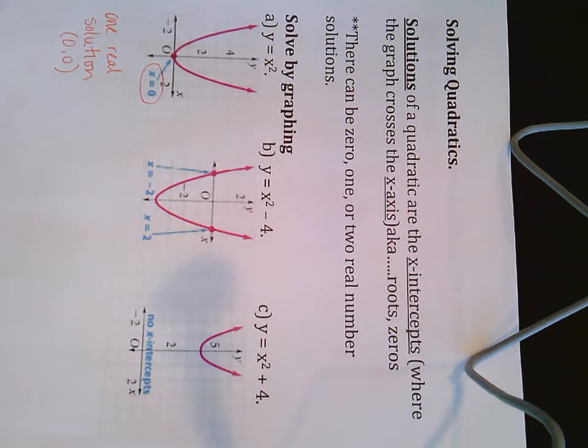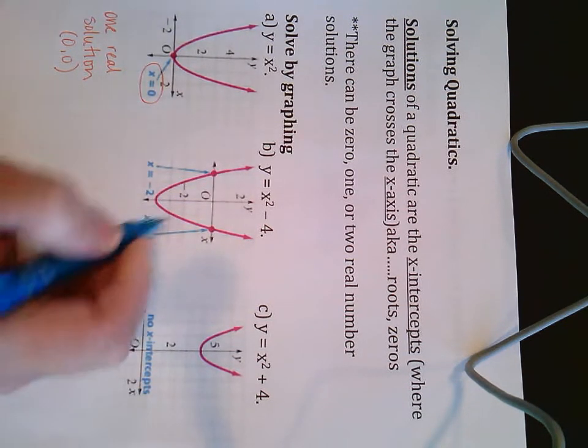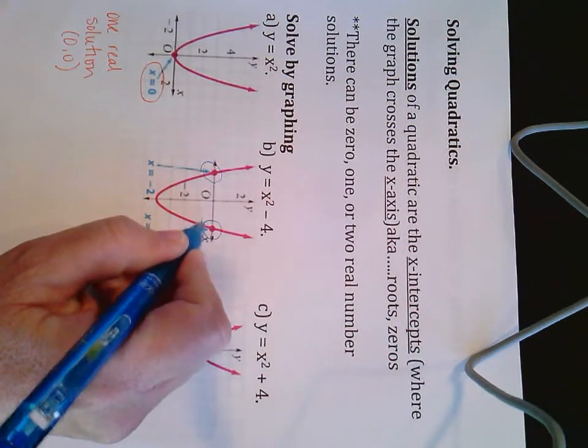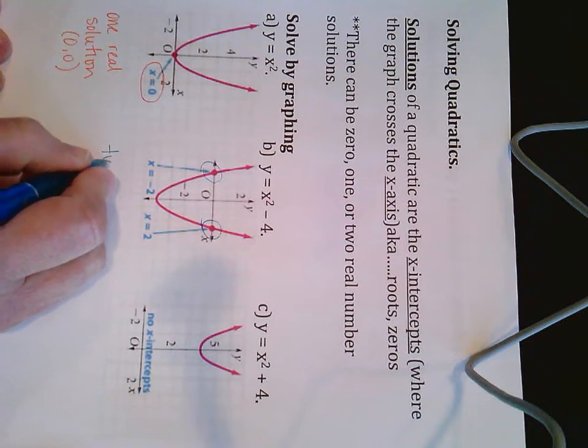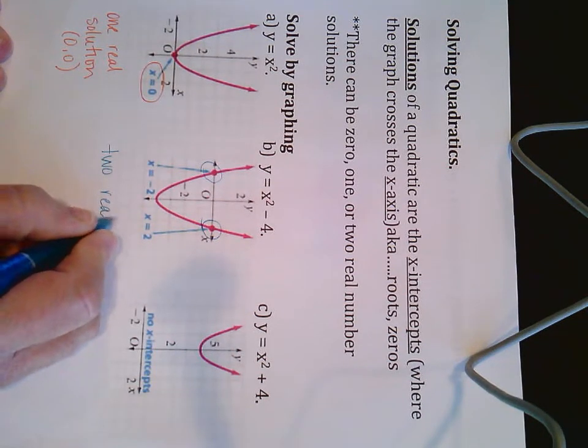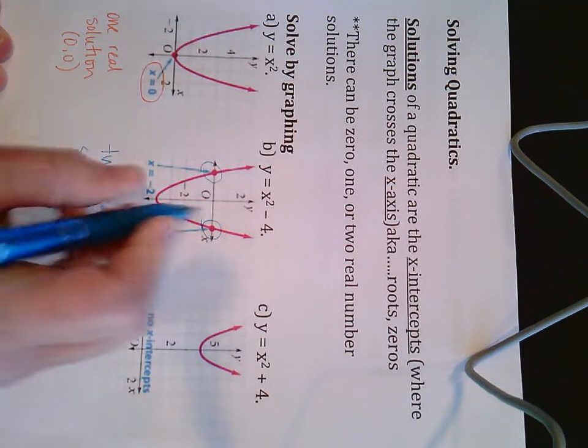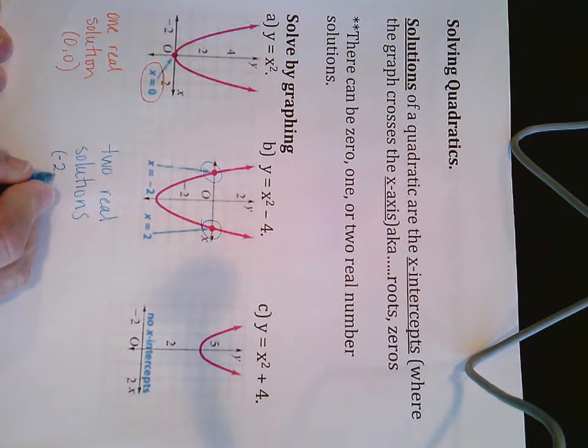And then, on this next graph, it crosses the x-axis here and here. So I have 2 real solutions. And those solutions are (-2, 0) and (2, 0).